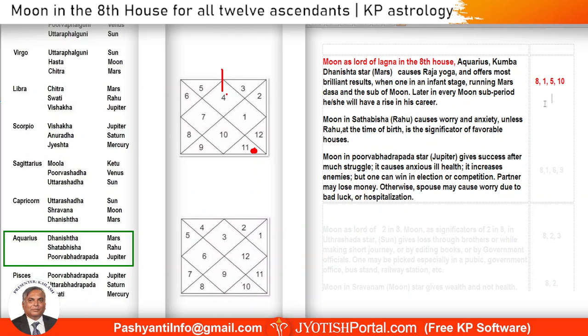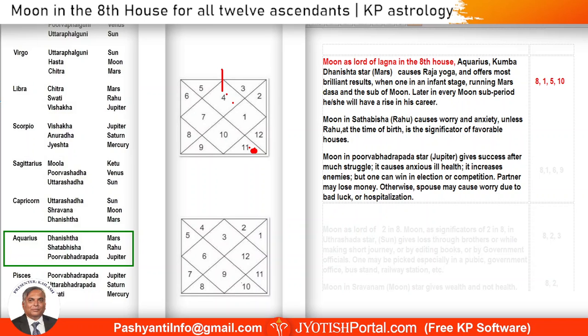This is the grouping the moon creates when it is in Aquarius and in the star of Mars. So the 8th, why have we taken 8? Because the moon is in the 8th house, so it is going to signify the 8th house. Why have we taken 1 over here? Because the moon is the lord of the ascendant.